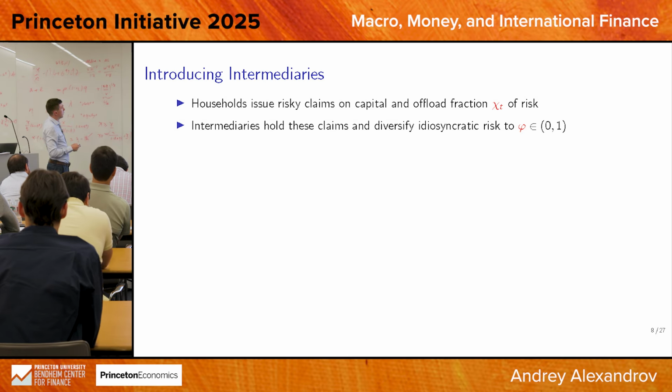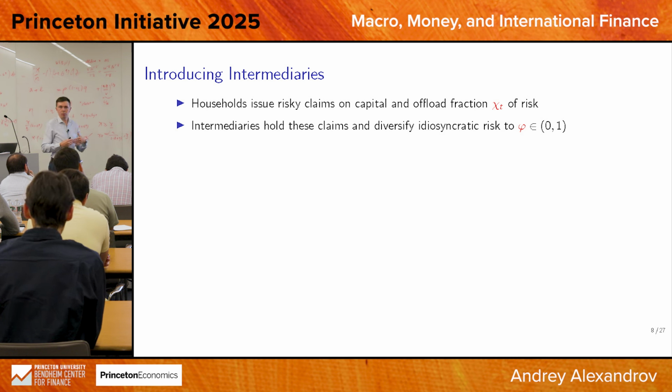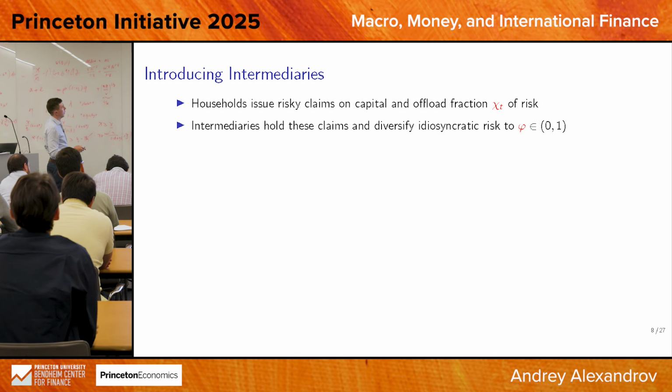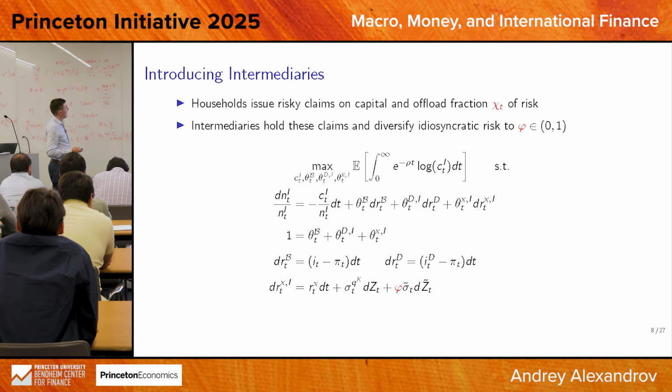And also same as before, these intermediaries hold these claims, and they will be able to diversify at least part of that idiosyncratic risk away, so they will not be subject to all the risk that is offloaded by the households, but only to a fraction of it. The difference is that we will not have any chi upper bar like there was in Gautam's presentation. So in theory, households can offload 100%. But in equilibrium, they will not be doing that.